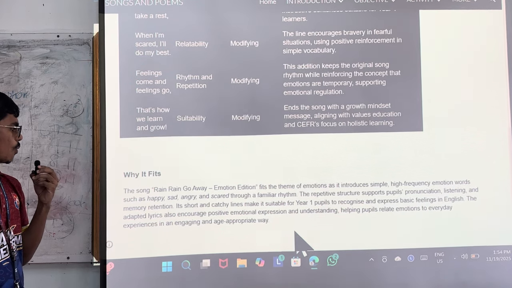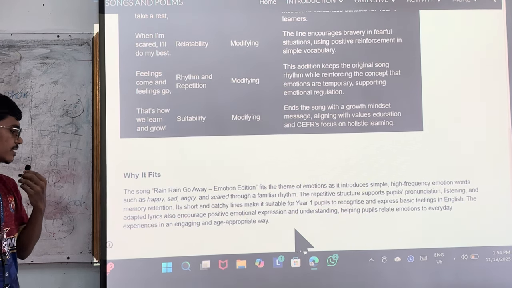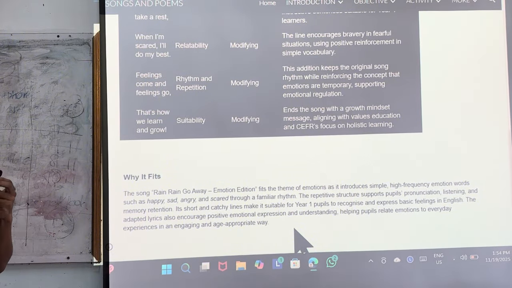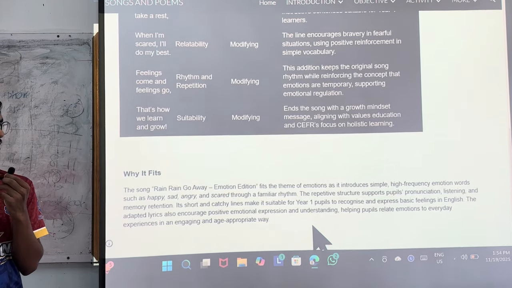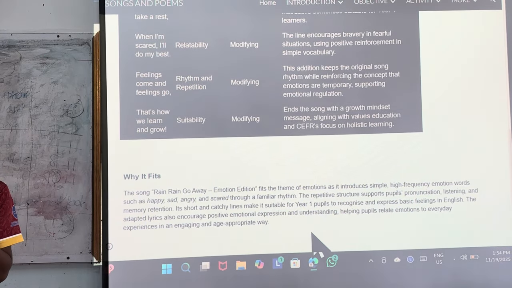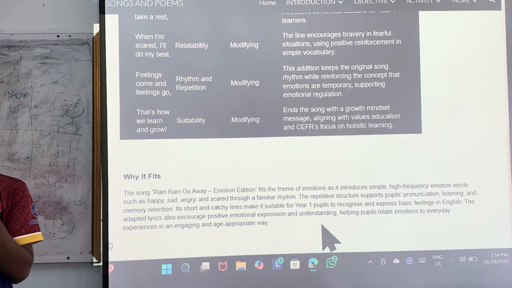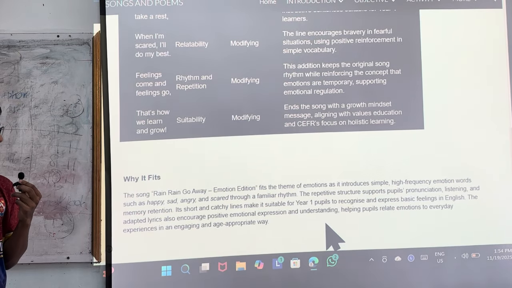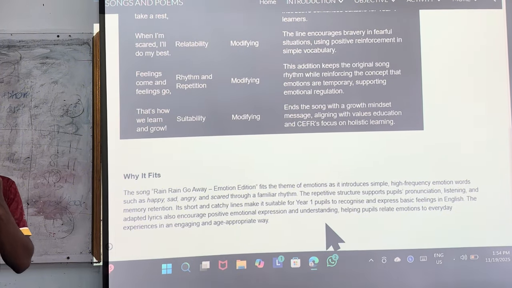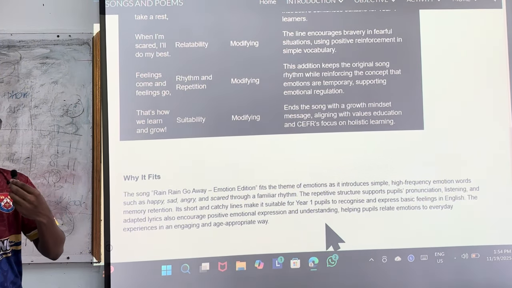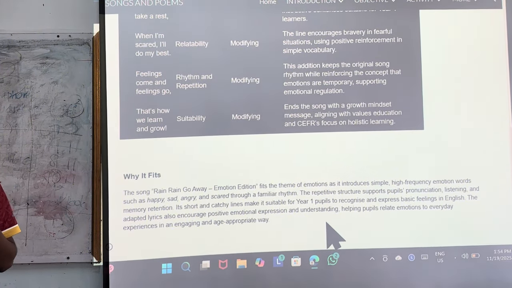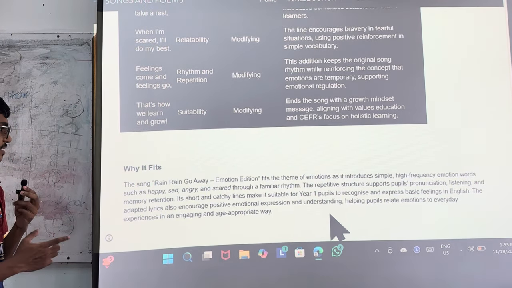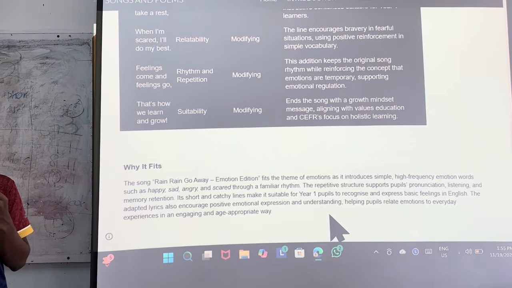So, why it fits is that the song "Rain Rain Go Away, Emotion Edition" fits the theme of emotions as it introduces simple, high frequency emotion words such as happy, sad, angry, and scared through a familiar rhythm. This repetitive structure supports pupils' pronunciation, listening, and memory retention.